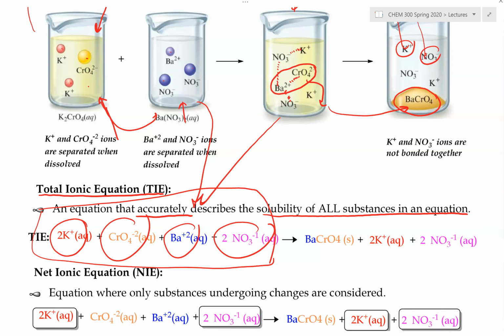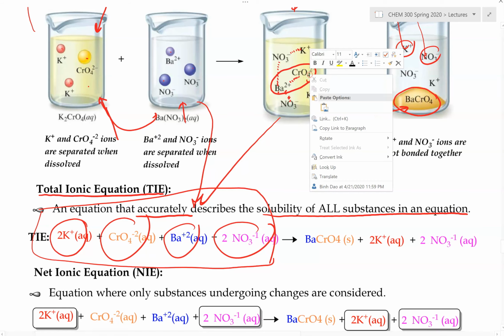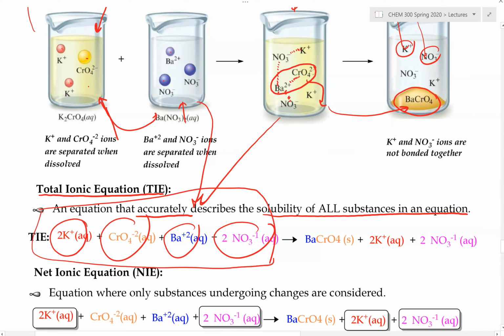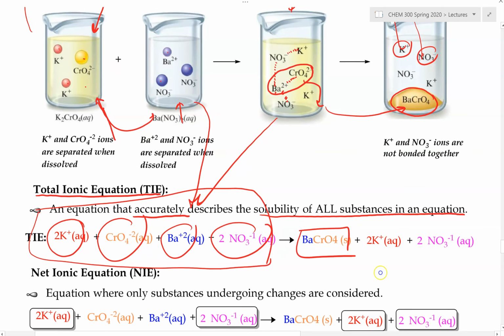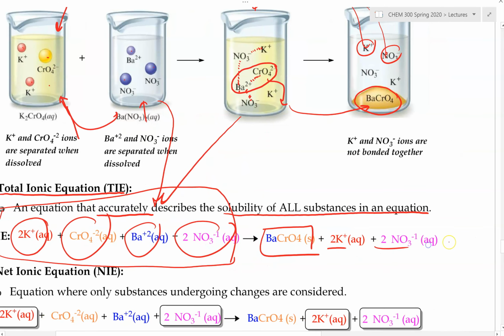And now, as I mentioned before, the ions go and find each other. In this case, when the barium interacts with the chromate, it now produces something that is insoluble in water, and that's what we would have here on the product side. And the two potassium and the two nitrate ions will still be floating in solution. They're not together as a compound, right?